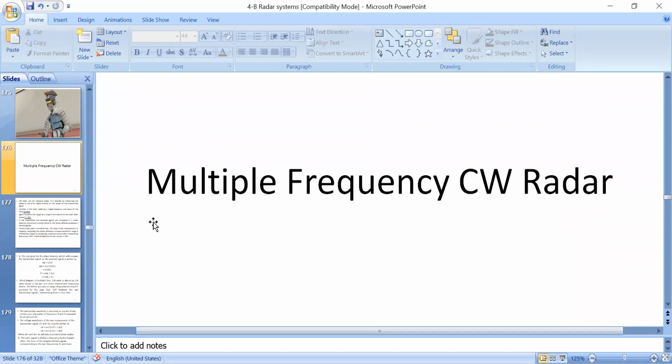By using multiple frequency continuous wave radar also, we are able to measure the range information. Here we are using multiple frequencies in a continuous wave radar, and by using those multiple frequencies we can measure the range information. Actually, that was the title of this topic.